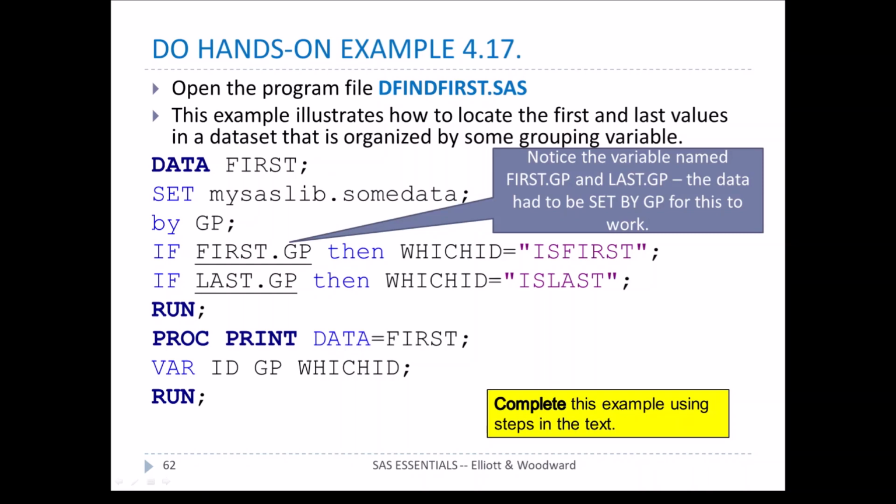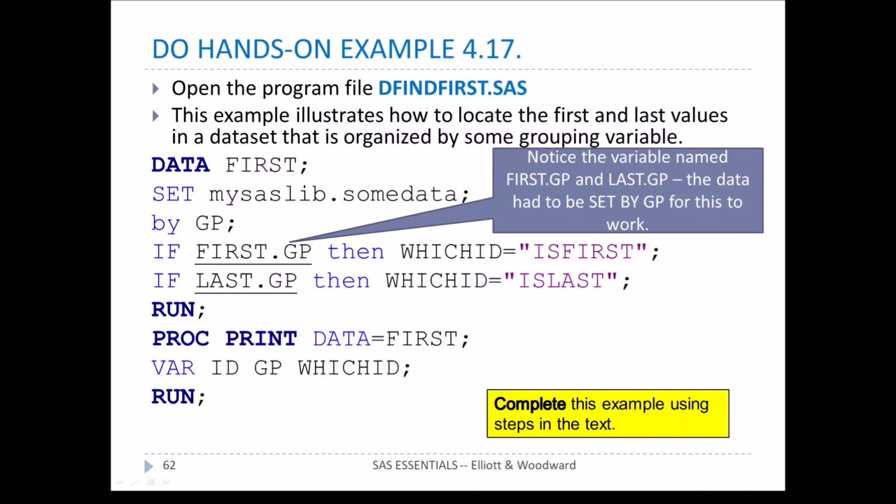Now notice here that we have a by statement, by GP. This is not a proc sort or anything, but we have to use that by GP statement within the data step before the if statement, so that the if statement, which is going to group the data, is going to work. So we say if first.gp, so that means if this is the first value of GP or group, then assign a new variable called which ID as is first.